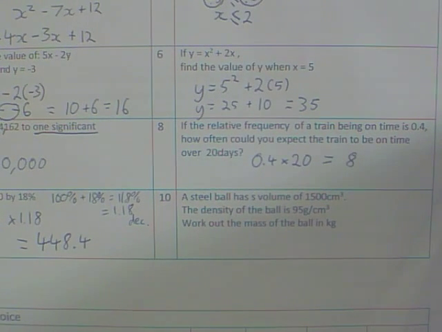Let's have a look at question 10. A steel ball has a volume of 1,500 centimeters cubed. The density of the ball is 95 grams per centimeter cubed. So it's 95 grams for each centimeter cubed, and I've got 1,500 of them.